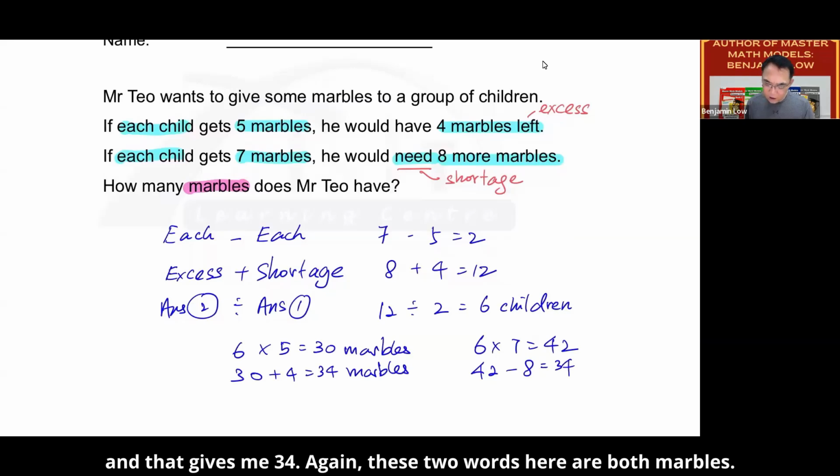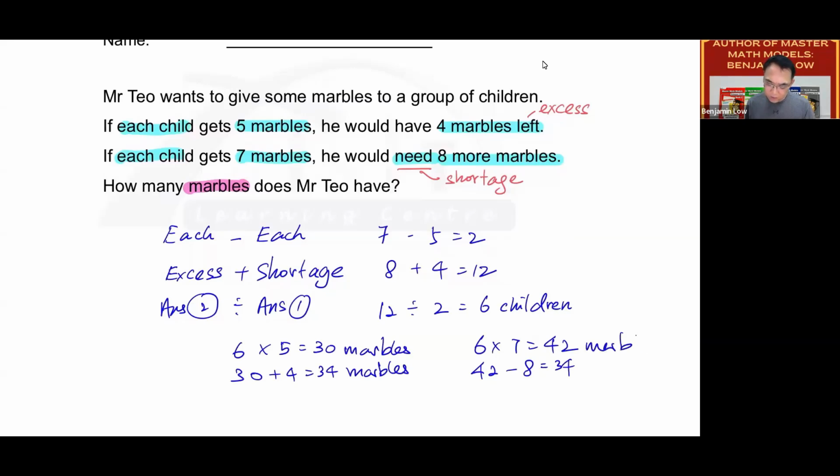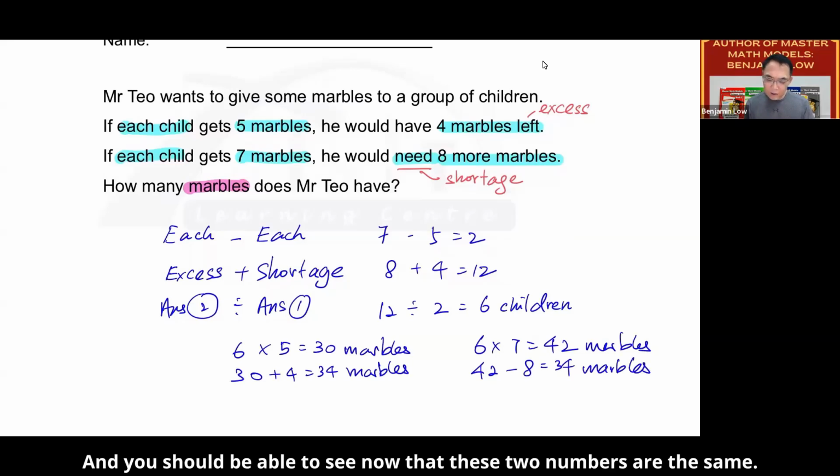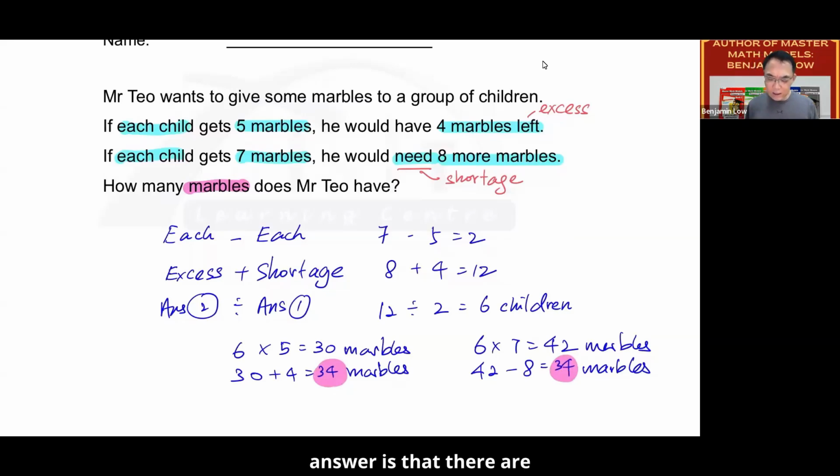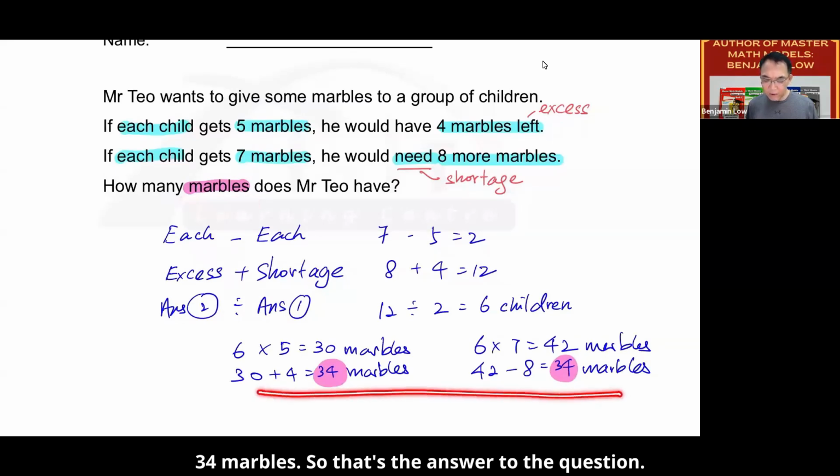Again, these two are both marbles. You should be able to see now that these two numbers are the same. So this is a confirmation that your working is correct. All right, so in this question, the answer is that there are 34 marbles.